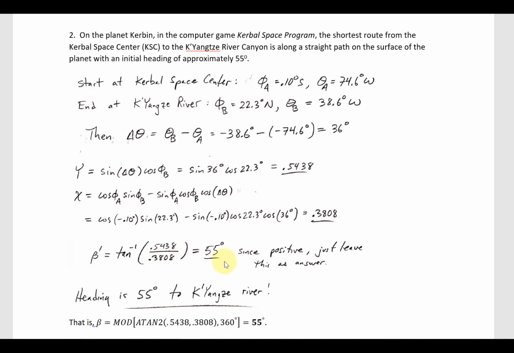In the inverse tangent, I get 55 degrees, and because that's positive, I know that is actually east. I have to fly east, and so you just take that as the answer. You could say that in this mod with 360, you end up with 55 degrees. So 55 degrees is the initial heading that you would take to fly to the Yangtze River.